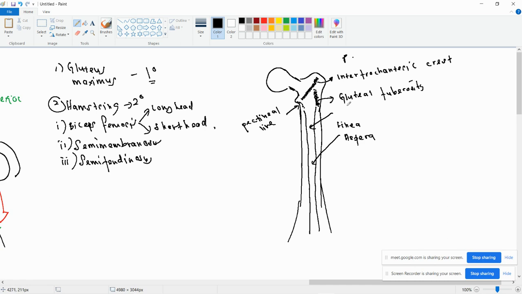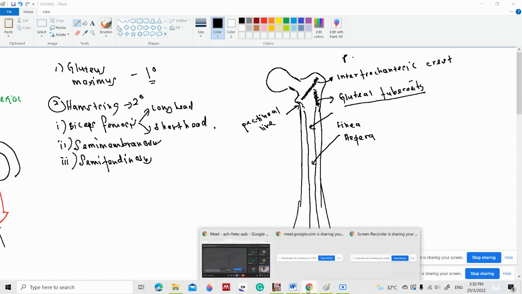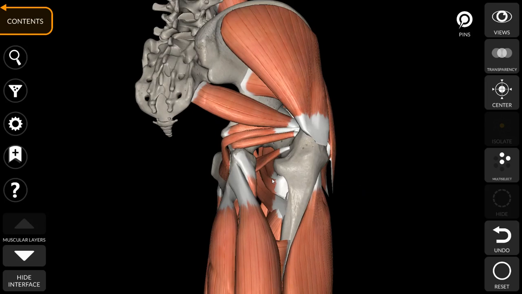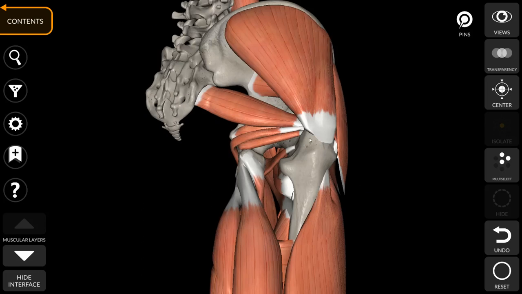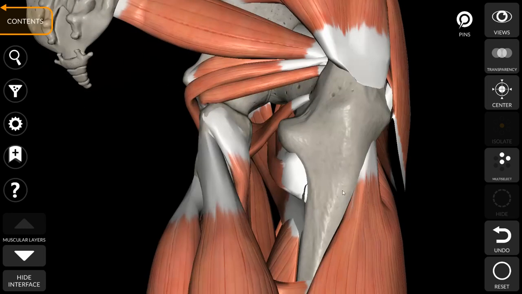Now focus on the gluteal tuberosity. Back to this diagram, this atlas. You can imagine, class, this is the greater trochanter, in between is the intertrochanteric crest, and this is the lesser trochanter. This region is the gluteal tuberosity, which extends downward as the linea aspera.